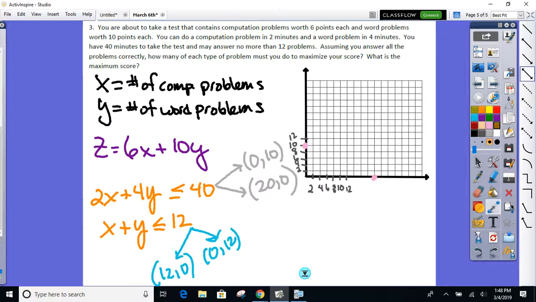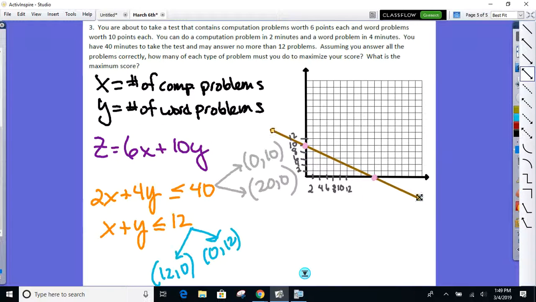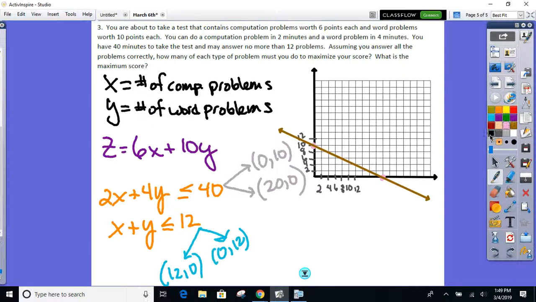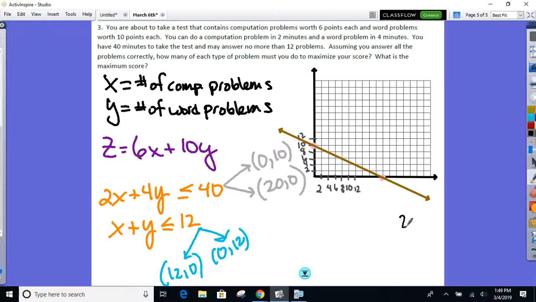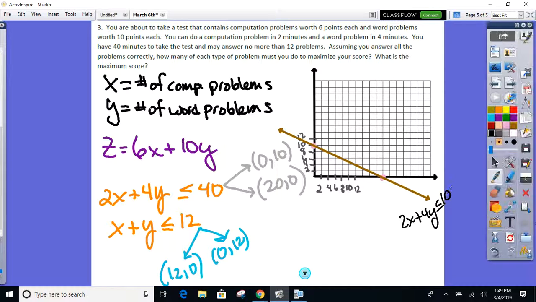Straight edges on this one. Don't like that one. Don't like that one. That's good. And then 12, 12.